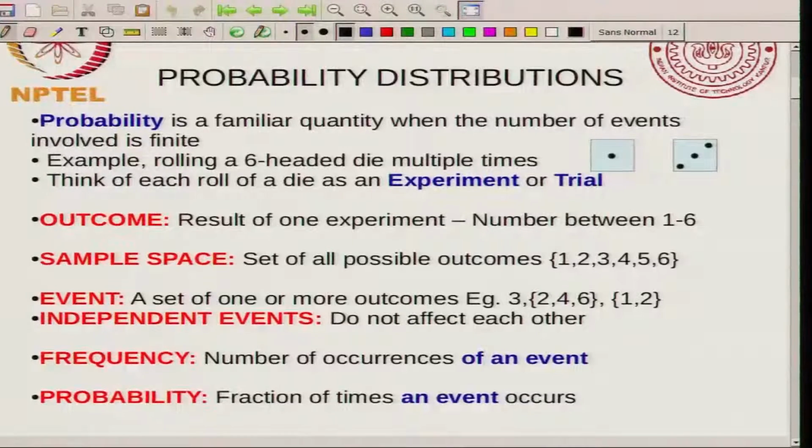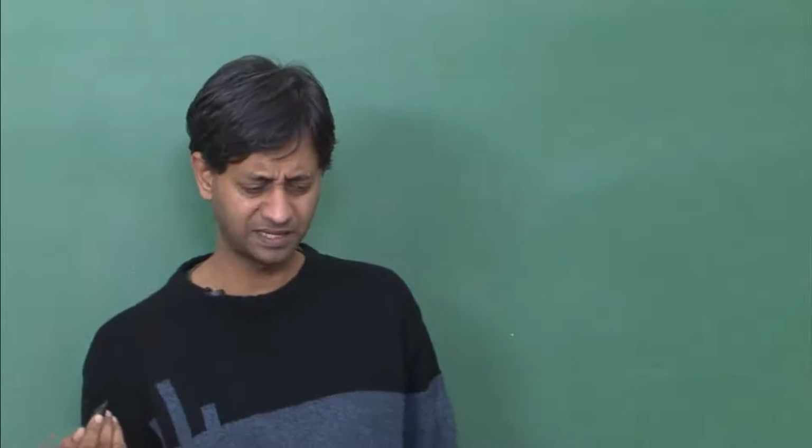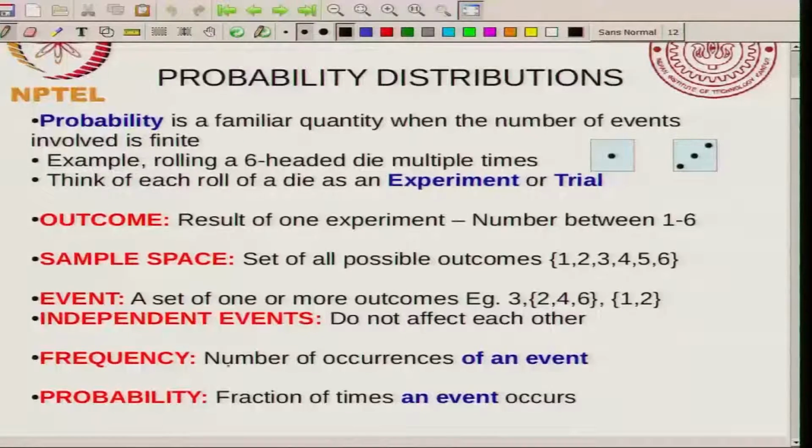Then what are independent events? Independent events are events that do not affect each other. So, if you roll the dice 2 times, then the results of those two rolls are independent of each other. What is the frequency? It is the number of occurrences of an event. So, the frequency is always defined with respect to an event.